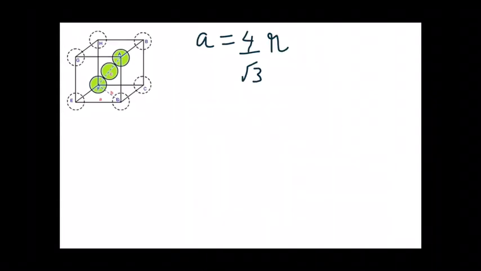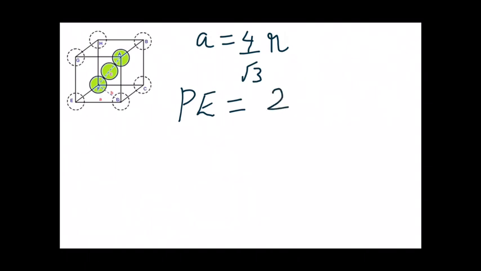Now we'll calculate the packing efficiency of this body-centered unit cell. We had already calculated and found out that the effective number of particles in a body-centered unit cell is 2. So first step in calculating the packing efficiency is finding the volume of the unit cell.